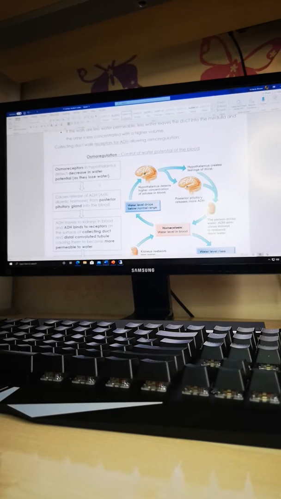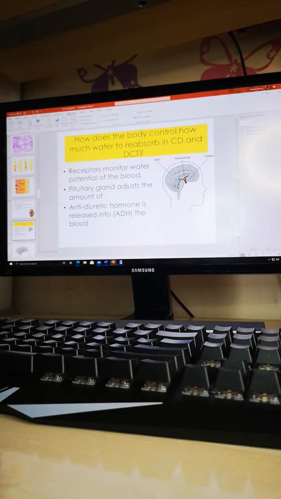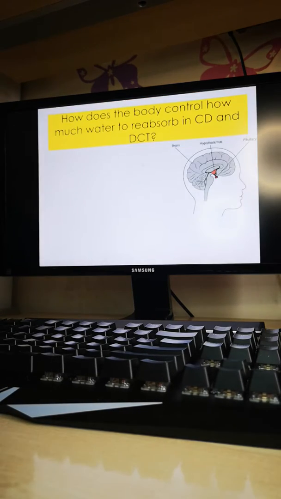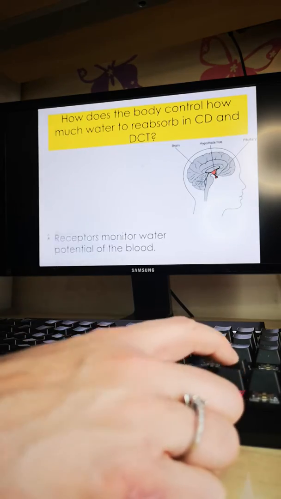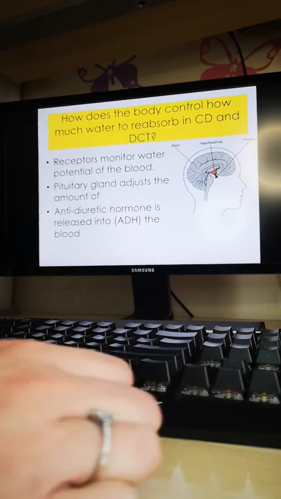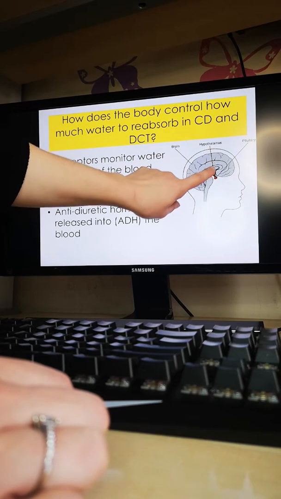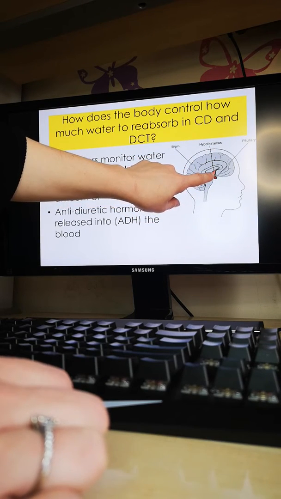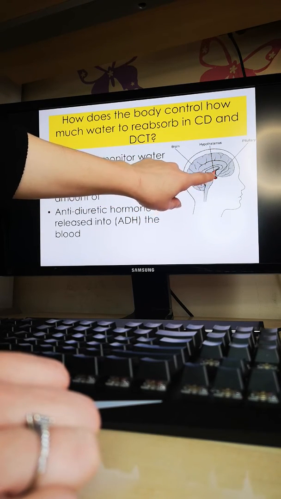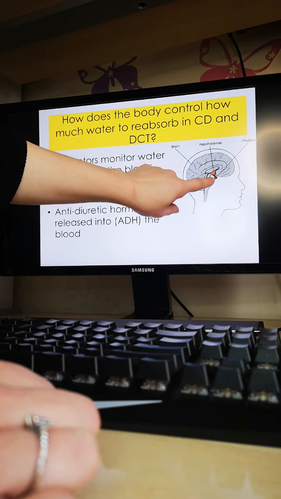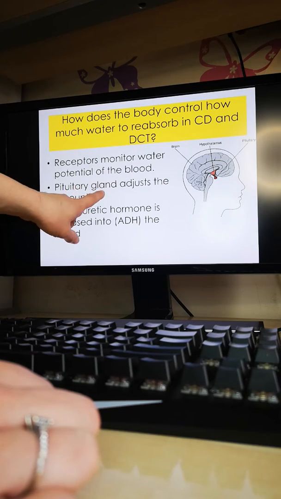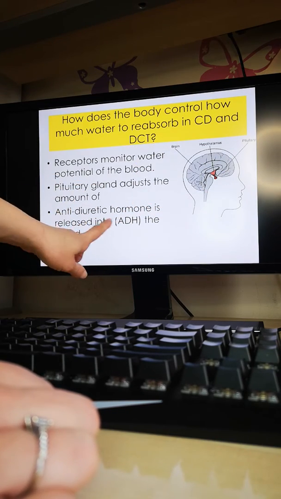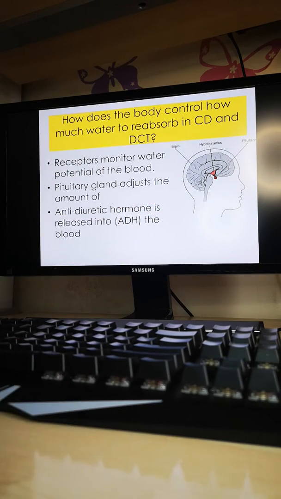Okay, so if we go back to that picture, you can see there are two parts of the brain that you need to know about for this section of the course. The hypothalamus, where the osmoreceptors are that are monitoring the water potential of the blood, and the pituitary gland, because that is the gland that secretes the ADH, the antidiuretic hormone.